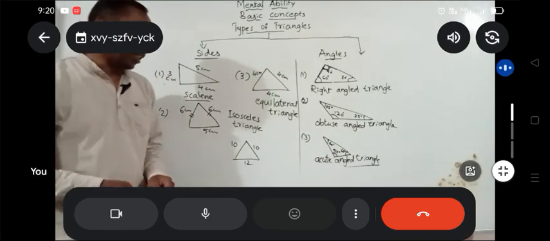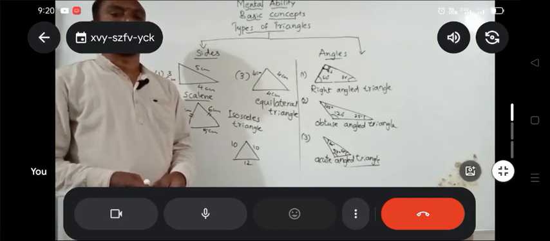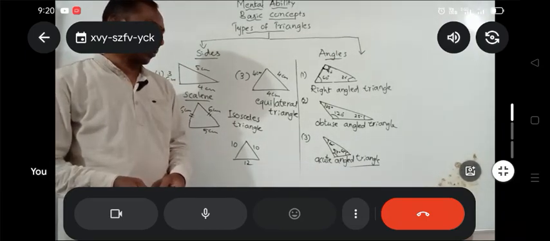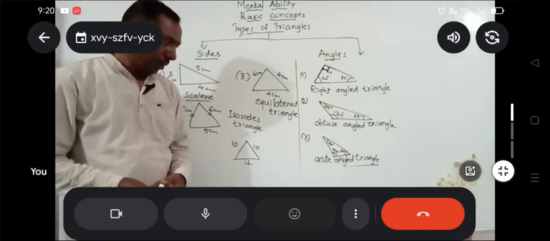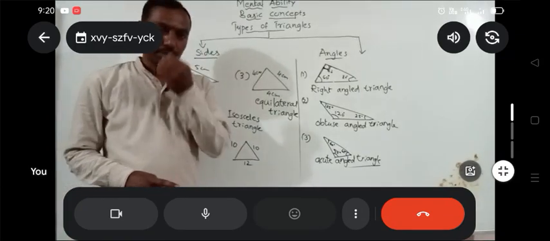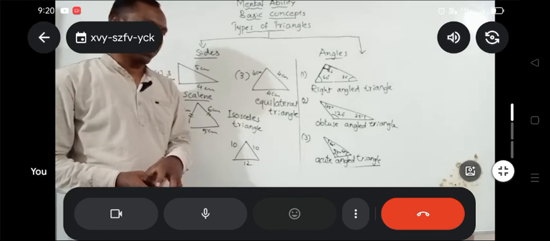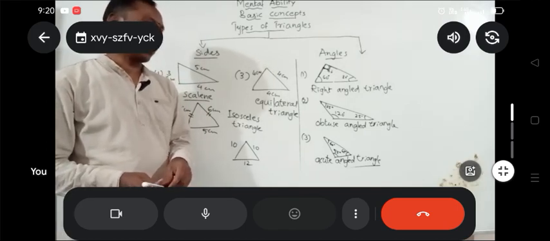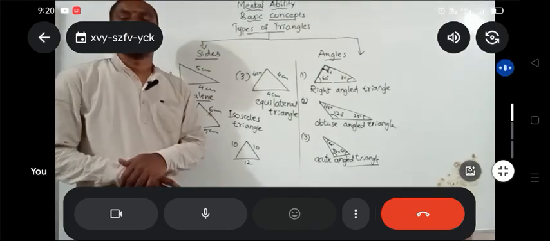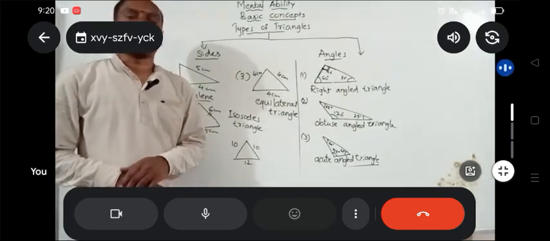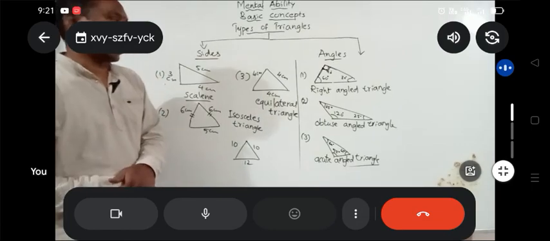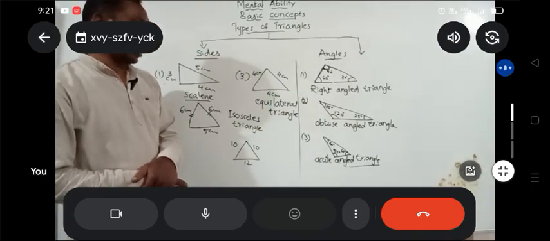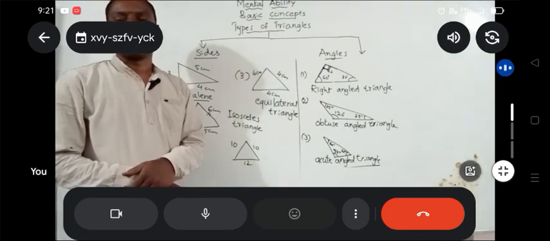What are they? Sir, right angle triangle, acute angle triangle and obtuse angle triangle. Very good. Excellent. 3 types of triangles are there based on angles: one is right angle triangle, another is obtuse angle triangle, and the next is acute angle triangle.